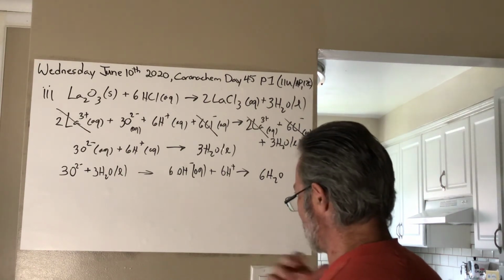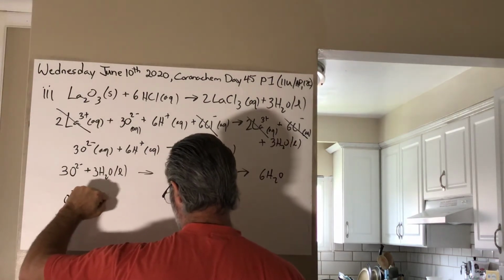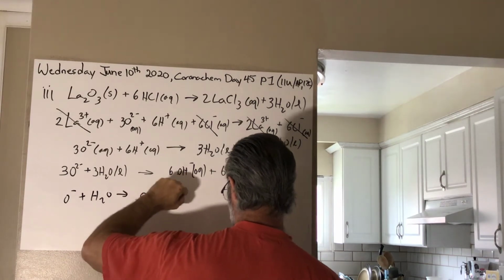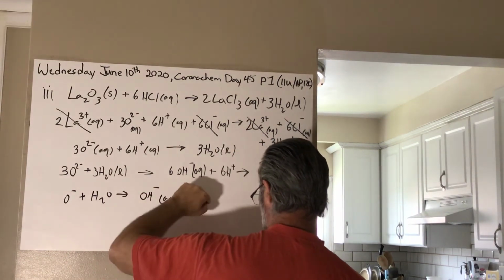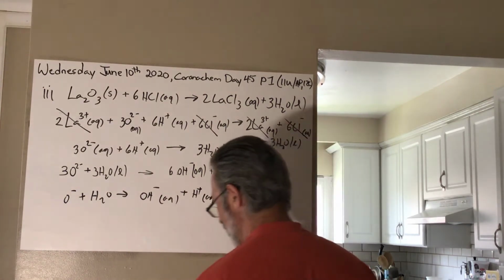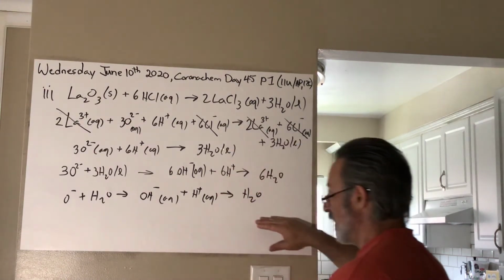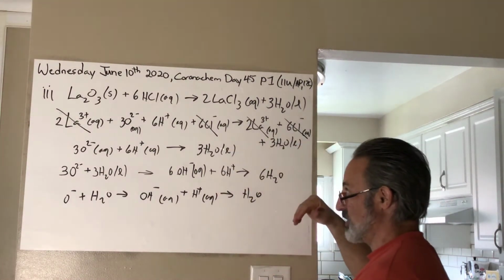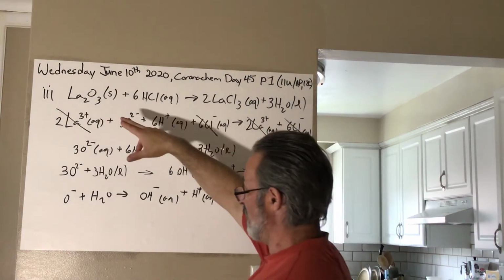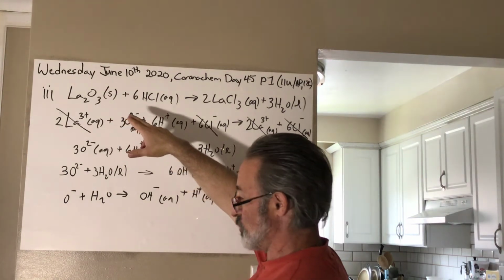Anyway, suffice it to say that the net reaction is oxide plus water gives you hydroxide, and then the hydroxide is combining with a proton to give you water. That you put it in the lowest terms anyway. So I muddled something there with the numbers, but the net equation is that anytime you have an acid-base reaction, which is what this is turning out to be, because the oxides of cations form hydroxides in aqueous solution.